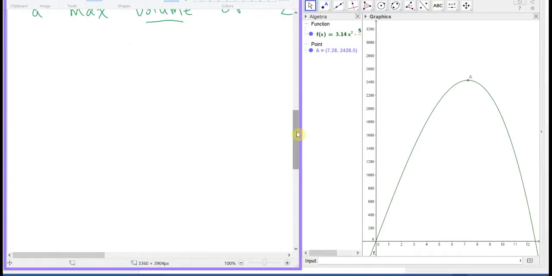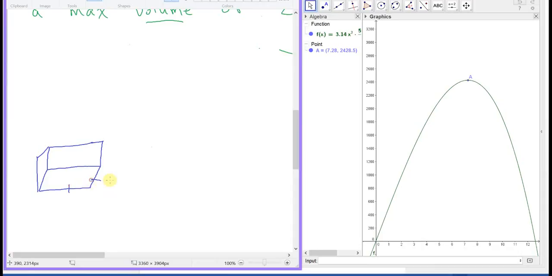Let's figure out what it would be for a square-based rectangular prism. Oh, that is not a very nice square. Let me try one more time. Okay, not too bad.